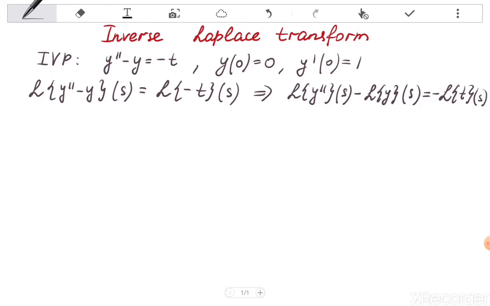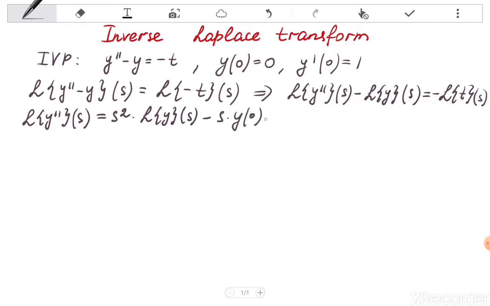And now we know the Laplace transform of the second derivative at a point s from the first lecture. This is s squared times the Laplace transform of the function at the point s minus s times the function at 0 minus the first derivative at 0.